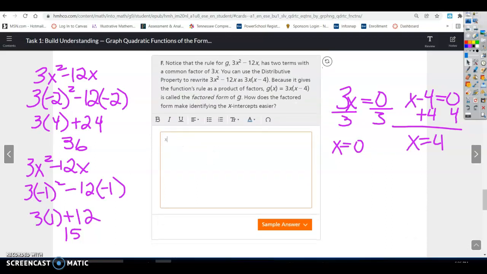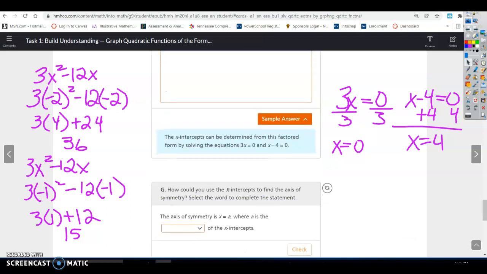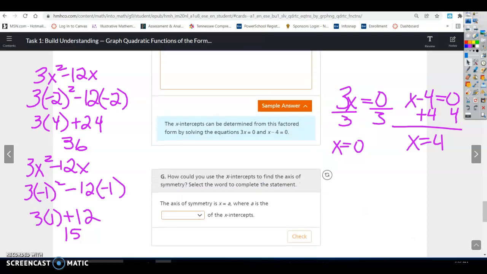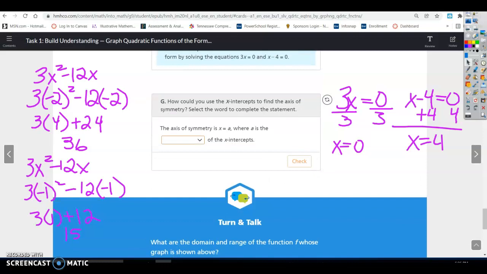Okay, let's see what their answer is. All right, the x-intercepts can be determined from the factored form by solving the equations. Okay, so they're saying what I did, they just didn't finish it out. All right, how could you use the x-intercepts to find the axis of symmetry? Okay, so the axis of symmetry would be halfway between the two x-intercepts. So select the word to complete the statement.